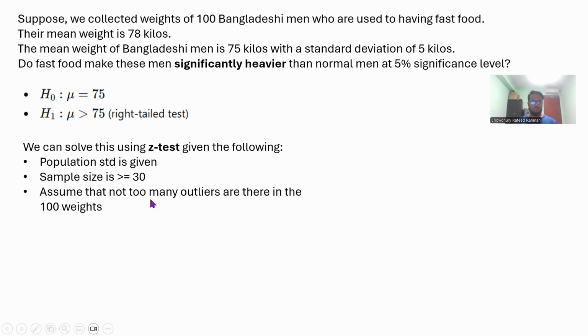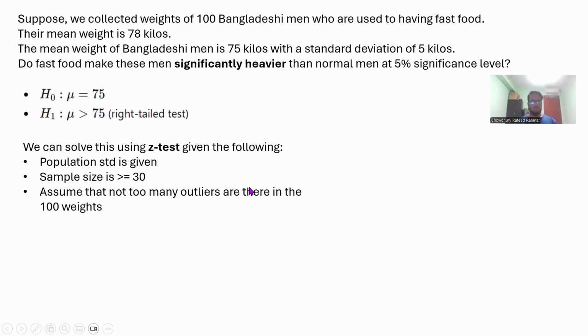Then there shouldn't be too many outliers, right? We have 100 weights of 100 men, and it cannot be very skewed or very outlier prone. It has to be fairly normal. By normal, I don't really mean normally distributed, but it shouldn't be that skewed, basically. So if these properties hold, then we hope to be able to use the z-test.